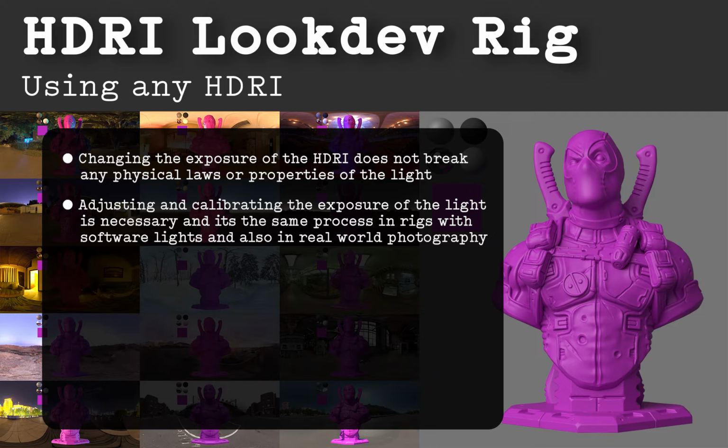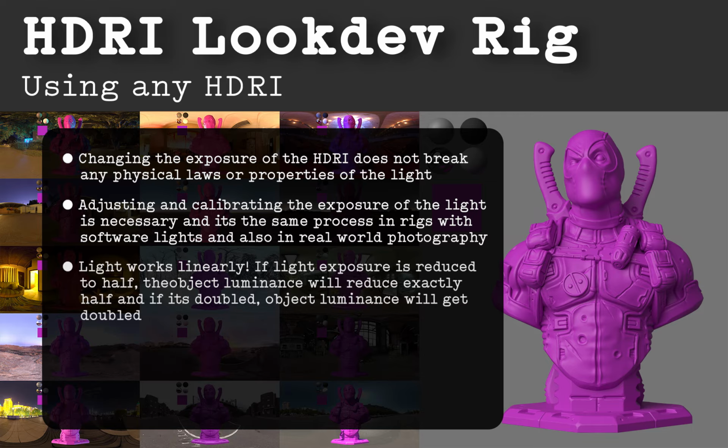lights. And secondly, and importantly, light works in a linear fashion, which means when a light's exposure is reduced to half, the object's brightness or reflection or luminance is also reduced exactly by half, not like any other percentage, and there are no other algorithms or calculations inside it.